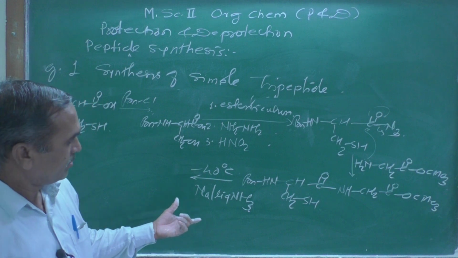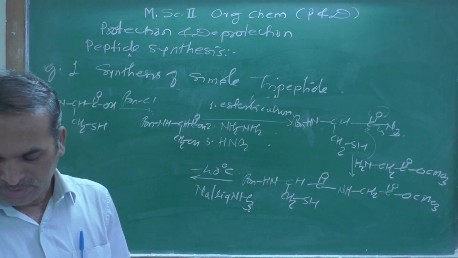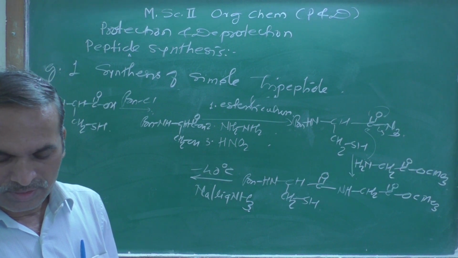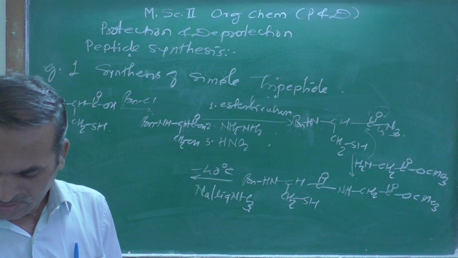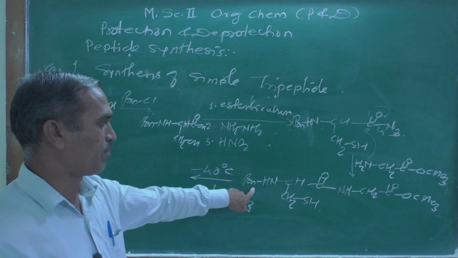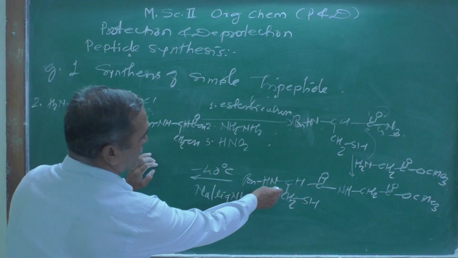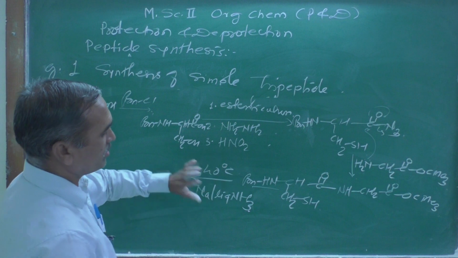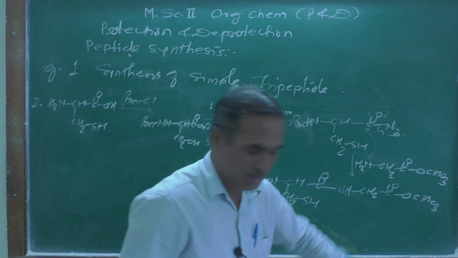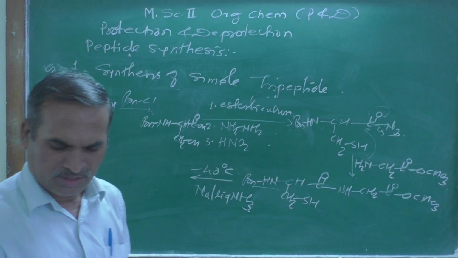This is the reagent used over here. What type of the product are you going to get over here? It will remove the benzyl group from over here, and finally this group gets free. It is used for the deprotection of this group, and this one remains as it is here.